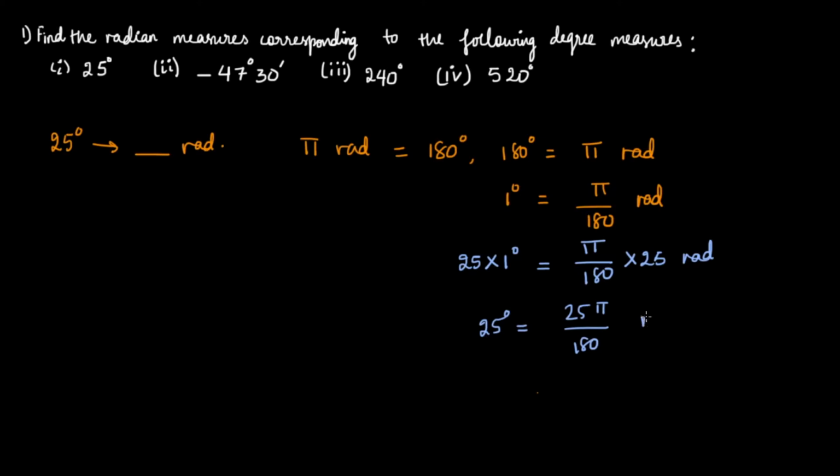We can do some simplifications here. Let's first cancel by 5. 5 is a 25, and then you could cancel this 5, 36. So 25 degrees is equal to 5 pi by 36 radians, right? Let's move on to the next one.